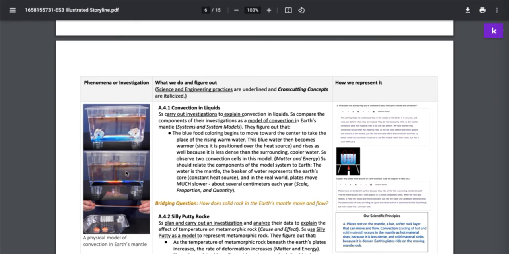There's this cool thing with the tank where you have a glass of hot water down here. You put red food coloring and blue food coloring here, and it really shows a nice convection cell. Actually you do a couple different things. This one is just showing how the cold tends to stay at the bottom, the hot tends to flow up and stay at the top.